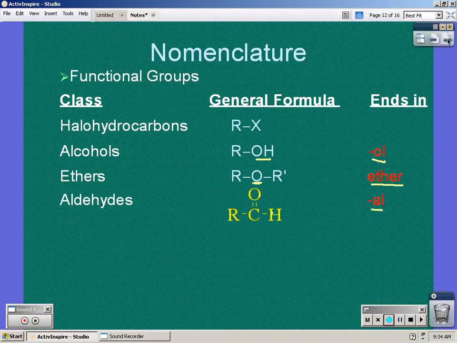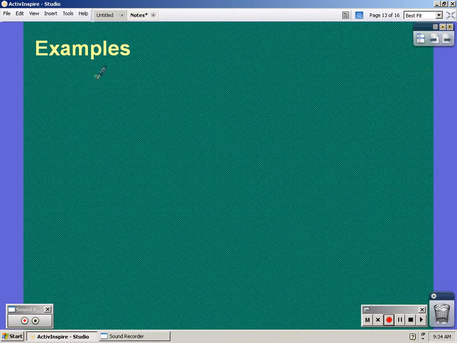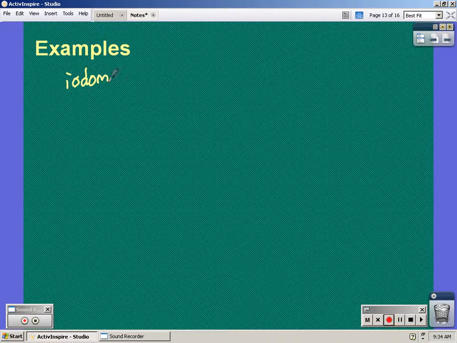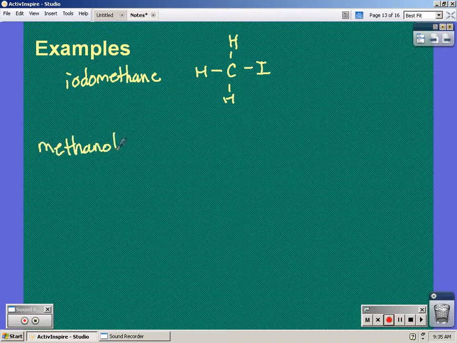Alright, so for example, if we have iodomethane, meth means one carbon, iodo refers to iodine, and then I would have my 3 hydrogens. If it says methanol, the OL is telling me that there's an alcohol.